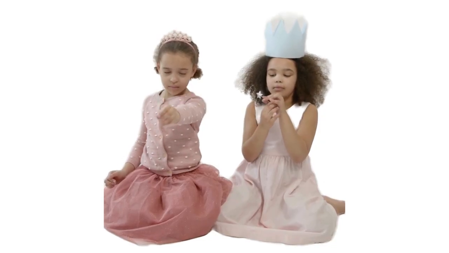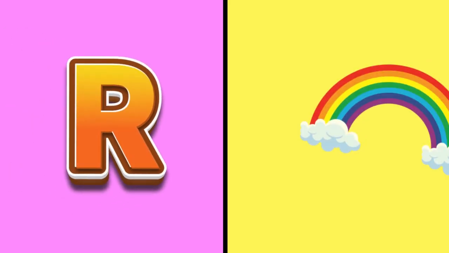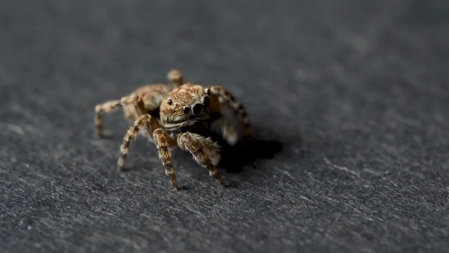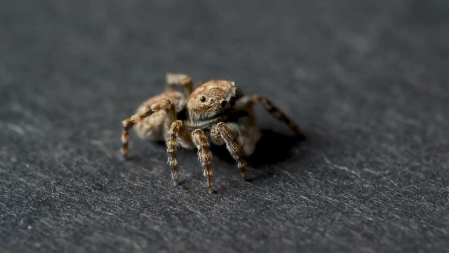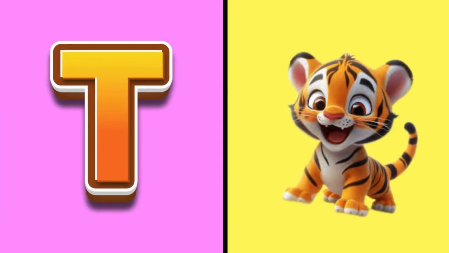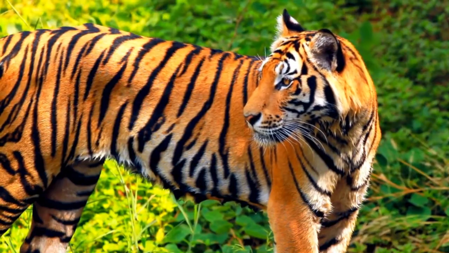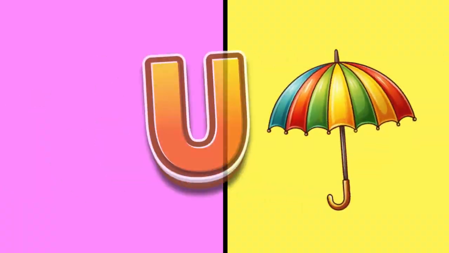Queen. R is for rainbow. Rainbow. S is for spider. Spider. T is for tiger. Tiger. U is for umbrella. Umbrella.